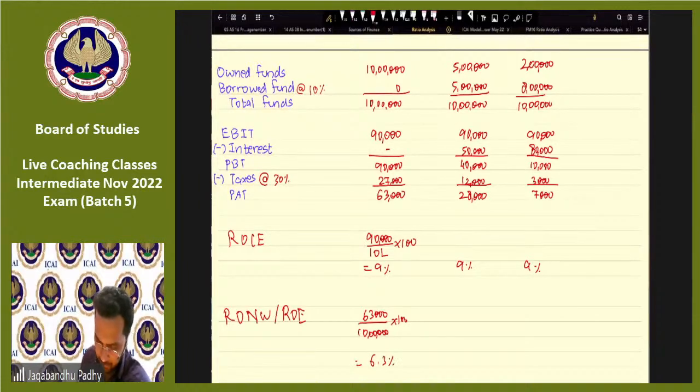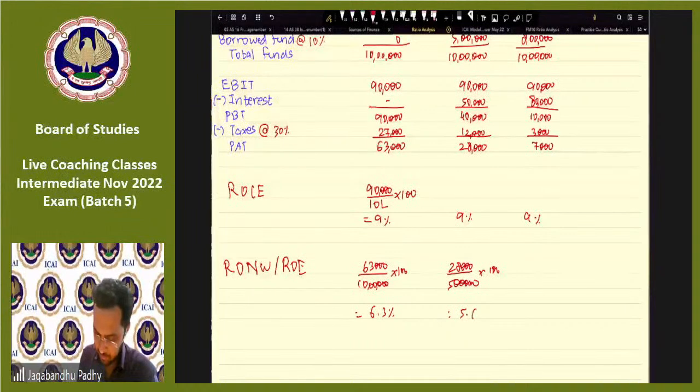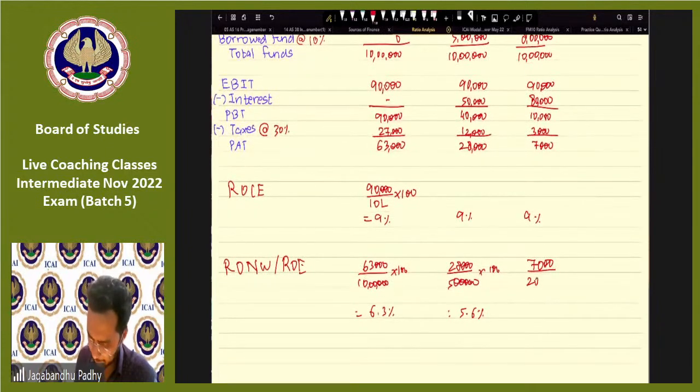And then we have over here PAT of 28,000 divided by 5 lakh into 100, which is 5.6%. And last case is 7,000 divided by 2 lakh into 100, which is 3.5%.